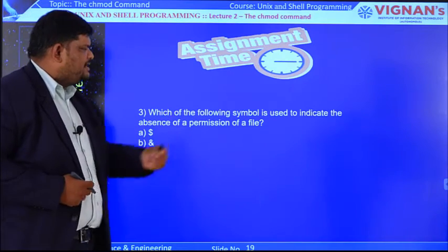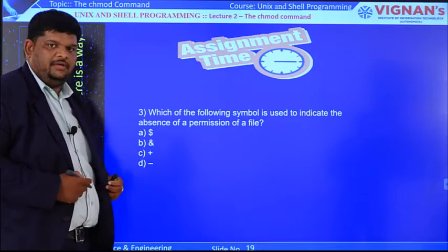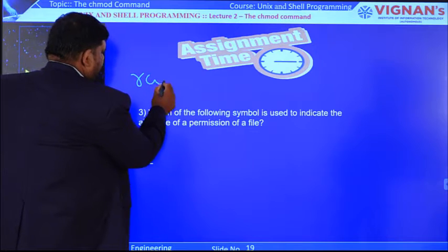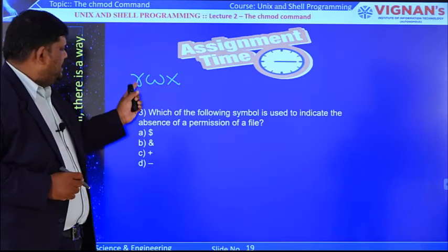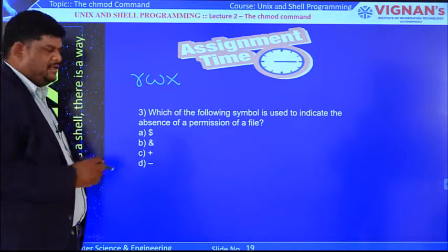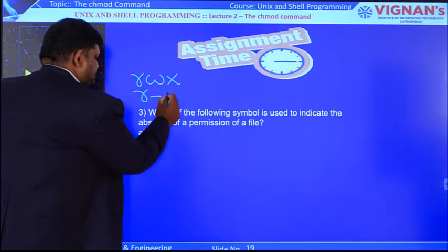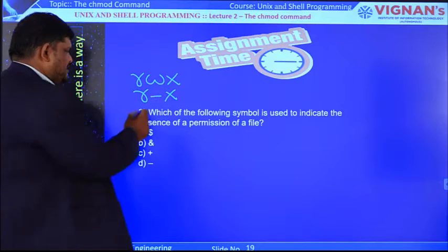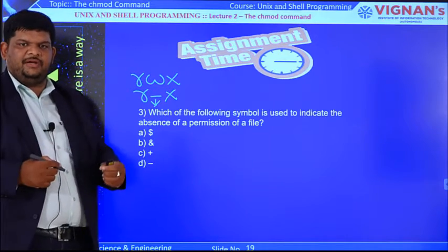Now, which of the following symbols is used to indicate the absence of permission of a file? We already discussed this. For example, we have read permission, write permission, execute permission. If there is no write permission, how do we indicate it? The hyphen symbol indicates no write permission.